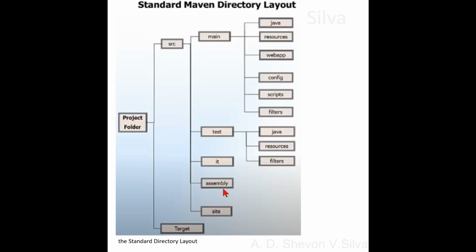Within the artifact-producing source directories, that is main and test, for the main, there is one directory for the language, Java, under which the normal package hierarchy exists, and one for resources.